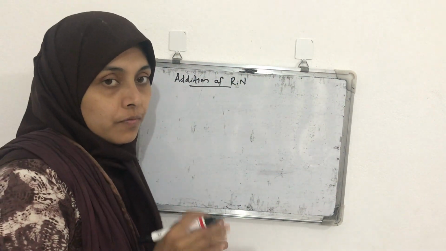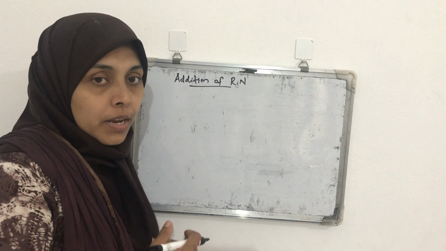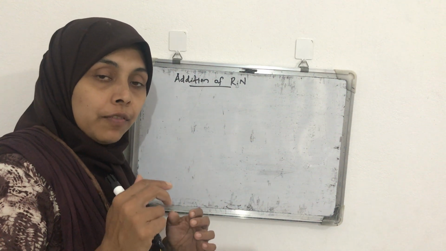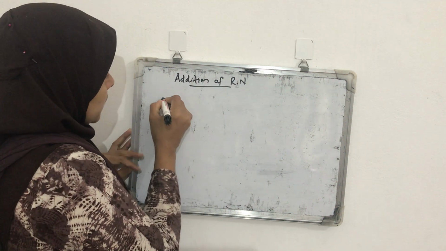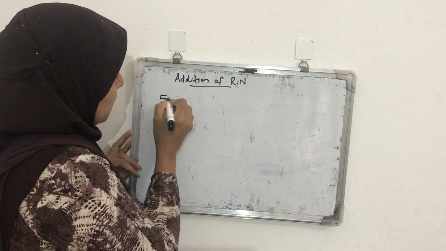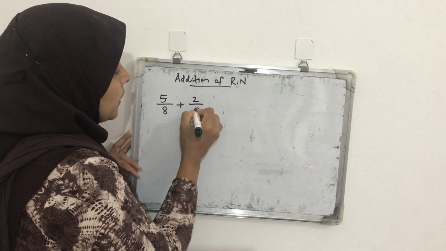The first case is if the denominators are the same. If we add two rational numbers with the same denominators, look at one example: 5 by 8 plus 2 by 8.